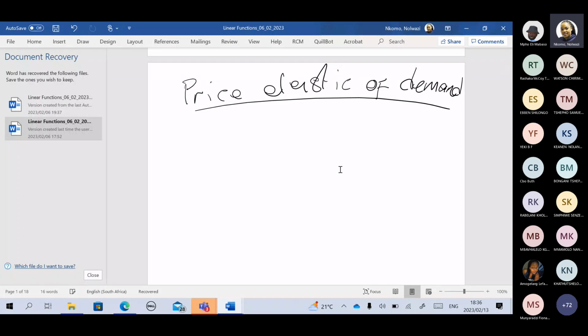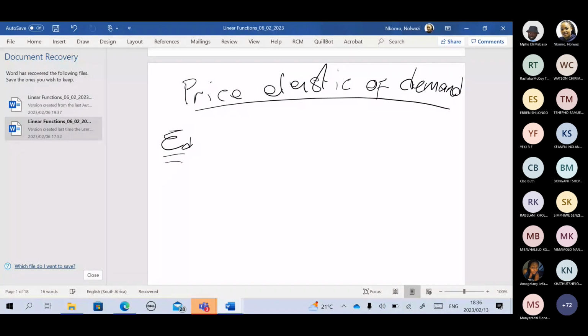Okay, for the price elasticity of demand, we'll use that symbol to represent it. So in a question, when you see this symbol, just know it means the price elasticity of demand.